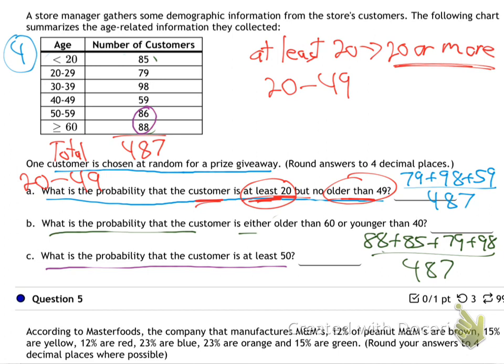At least, again, least means that or more. So, I know I do have different numbers than you. So this would be 86 plus 88 over 487. Then just hit the buttons. How we doing? We good there? Questions I can answer?